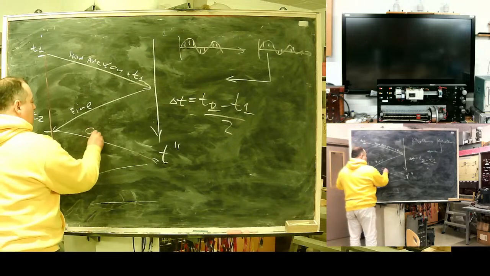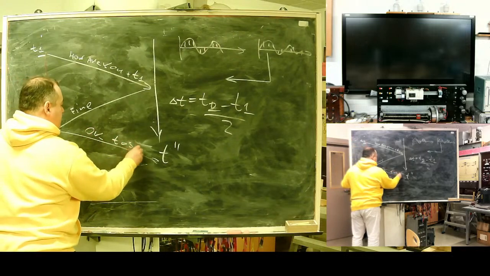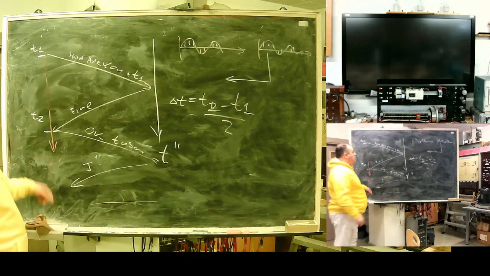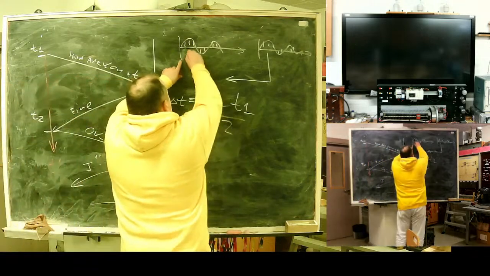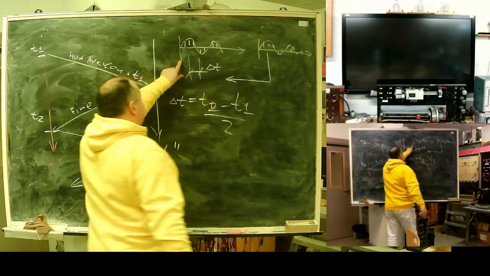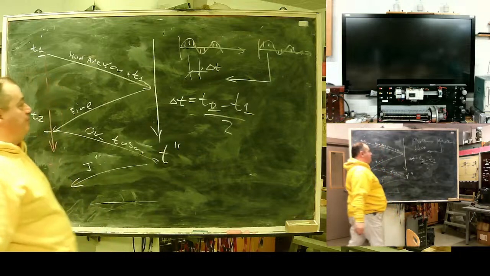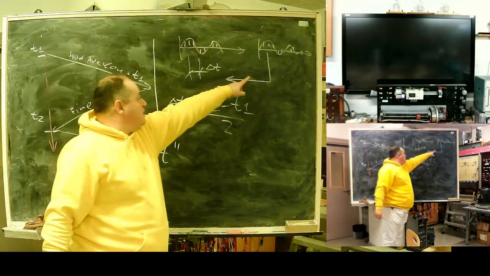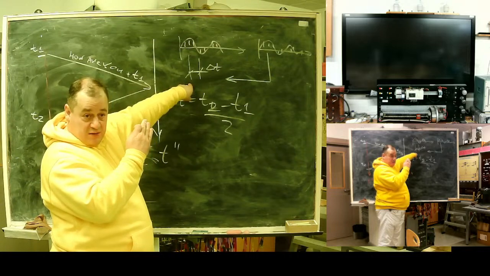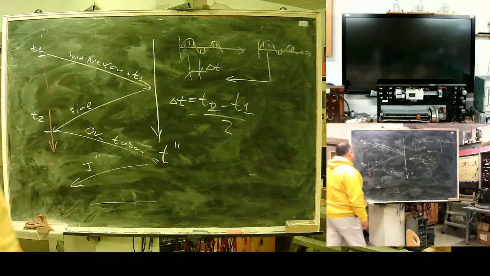This will be okay to send, and I will get current I2. I need to implement this delta T propagation shift. So this measurement should be shifted backwards to this time.